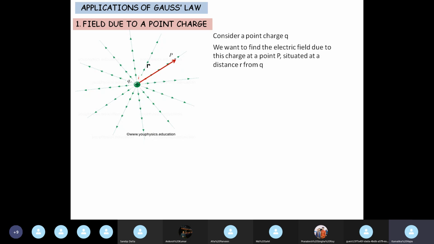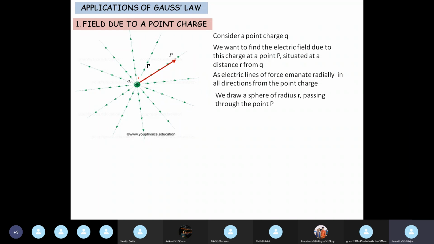Okay. So we want to find out the field at this point P, which is at a distance r from the charge Q. Now, since the electric lines of force emanate radially in all directions from the point charge, we draw a sphere of radius r passing through the point P. We draw an imaginary sphere.